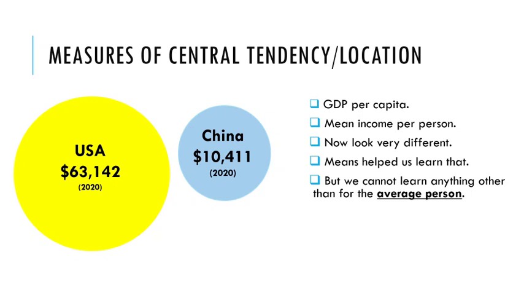But I don't know much else other than that. For example, what about people who are not the average person? What can I learn about the spread of the income? Is the income distribution super wide or is it narrow? Well, as you understand, mean doesn't help me answer that question.